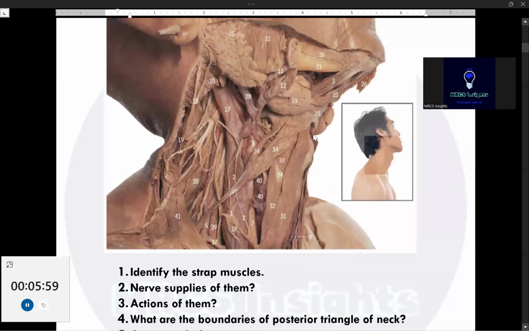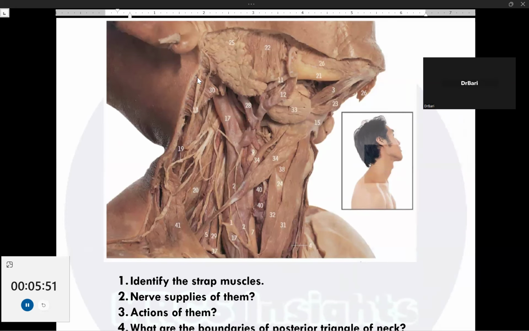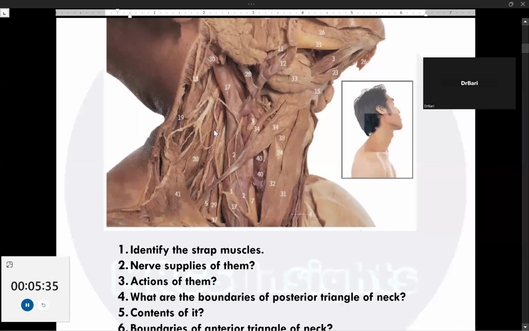Is it the mastoid process or the lower border of the mandible? Sorry, the inferior border of the mandible. Basically you can also say the meeting point of the sternocleidomastoid muscle and trapezius muscle. This will be easier for you.